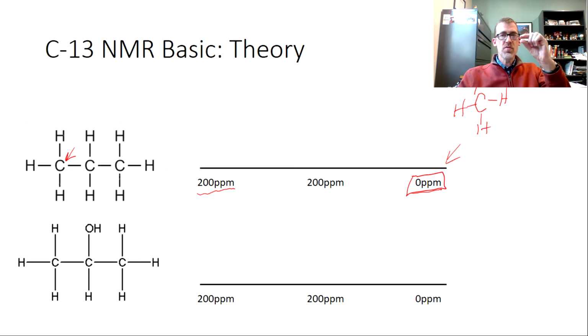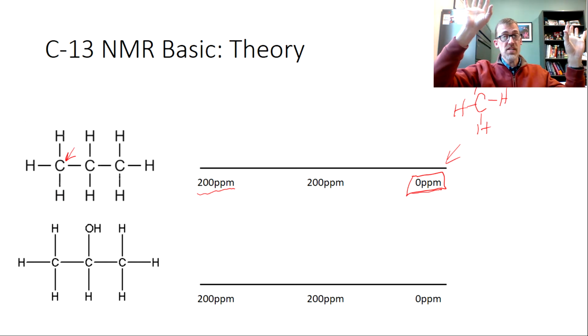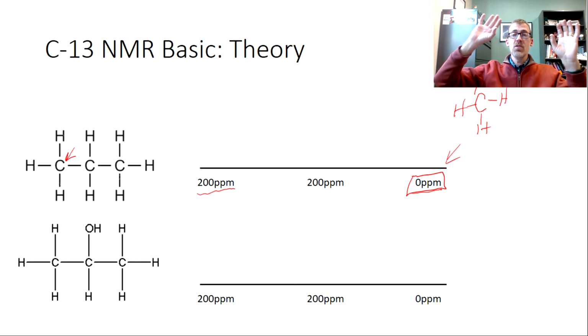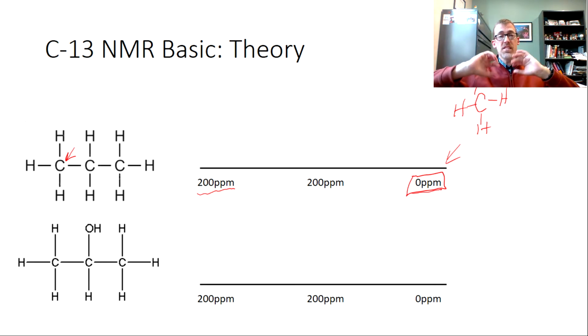And so you have your carbon nuclei, the oxygen here is pulling electron density away. It actually exposes that carbon nucleus to more of the external magnetic field, which means it takes more energy to flip it against the magnet, but more importantly, when it relaxes, it gives off RF radiation at a higher energy.